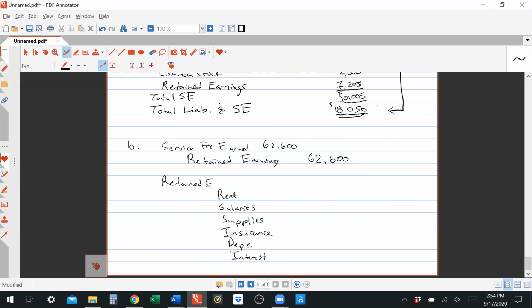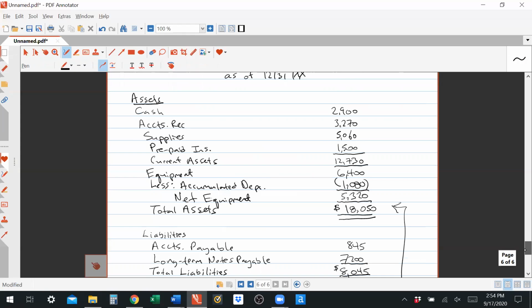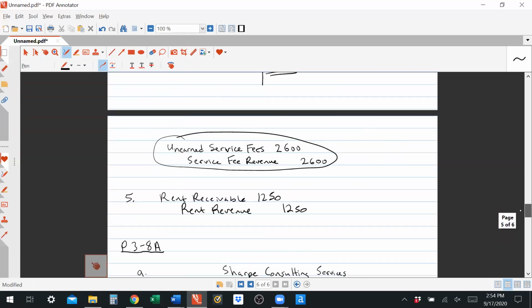So we know the total of the expenses was 57,700, and rent expense, salaries expense, supplies expense, insurance expense, depreciation expense, interest expense. And the numbers were, I can just copy and paste them. They were these numbers, right?